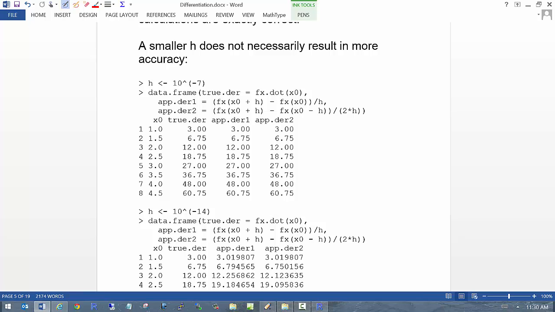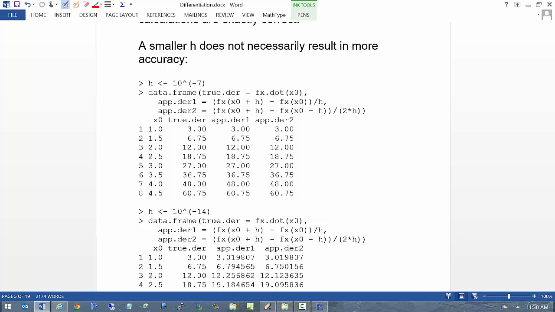Well, you could do that, make h extremely small, but the problem is the accuracy does not improve, even though mathematically we see that the accuracy should get better. In terms of the difference between the true derivative and the numerically calculated derivative, that measure of accuracy should get closer and closer to 0, at least mathematically.